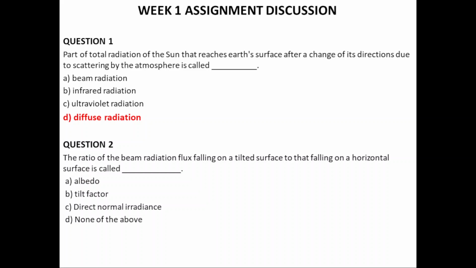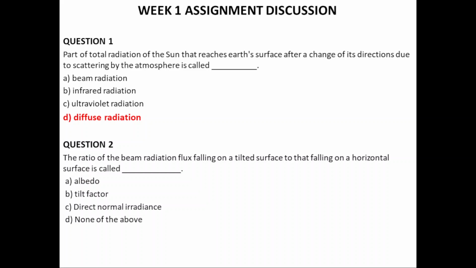So here we have two new terms, something that we have not discussed in any of the live interaction sessions, but these are covered in your video lectures. So you are always welcome to revisit those lectures and know the definitions of each and every term and how to calculate them.